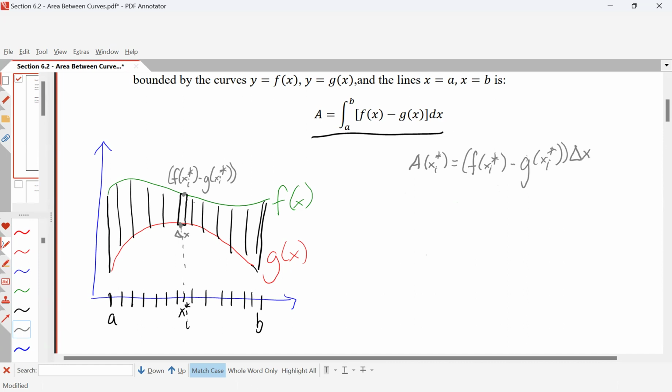Now there's one of these rectangles at every spot along this interval. And so I could take all of those and add them up. So taking all the intervals, there's n of them.